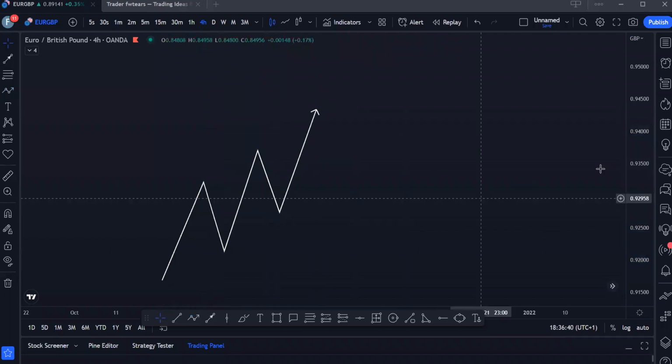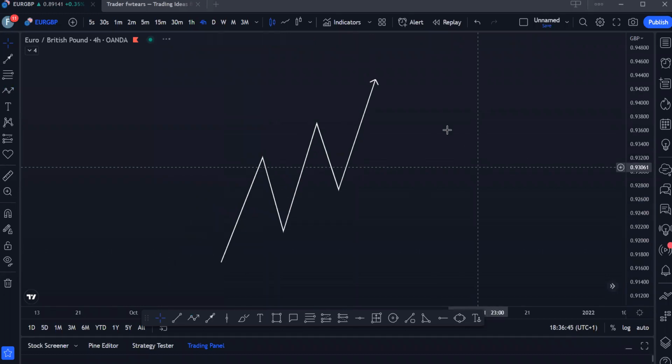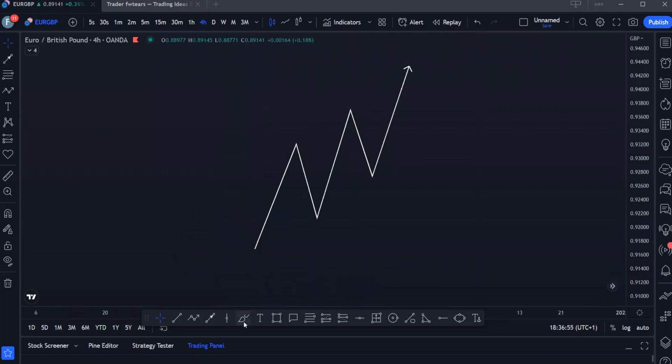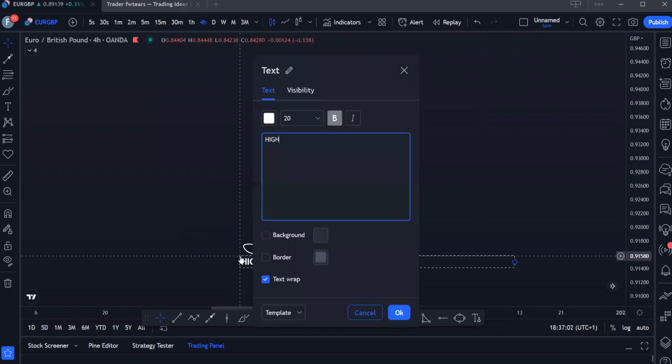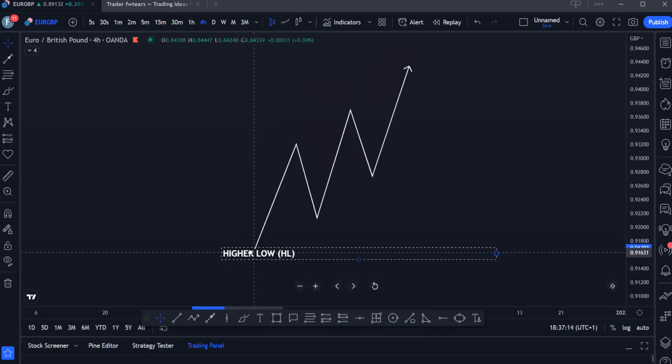So let us label all of the reversal points on this trend. This is an uptrend, all right? So the first point over here in an uptrend is called a higher low. HL. It's called a higher low. That's the first point of an uptrend.